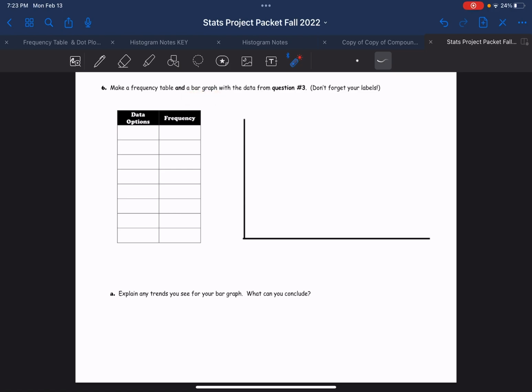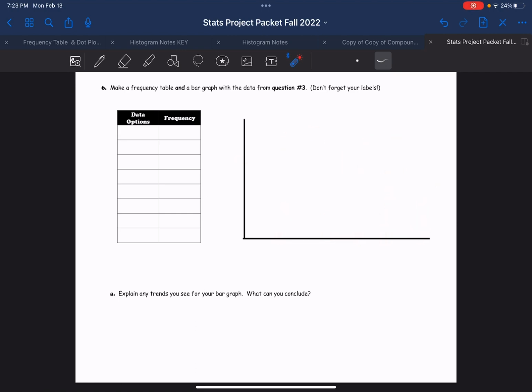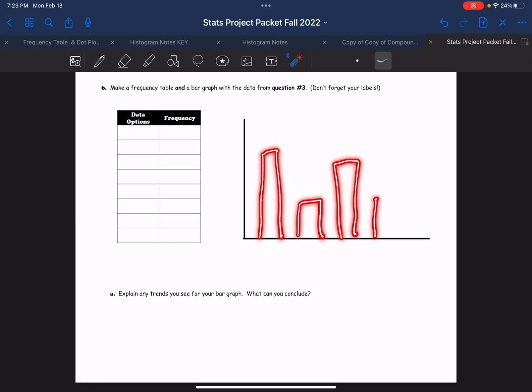Okay, remember there is a difference between your histogram and your bar graph. In your histogram, your data is going to connect with each other between each box, right? On a bar graph, they do not, because chocolate is not related to vanilla or strawberry or mint chocolate chip or bubblegum.